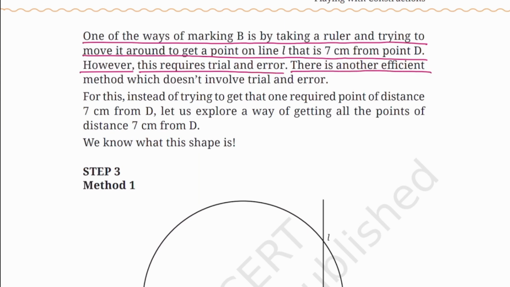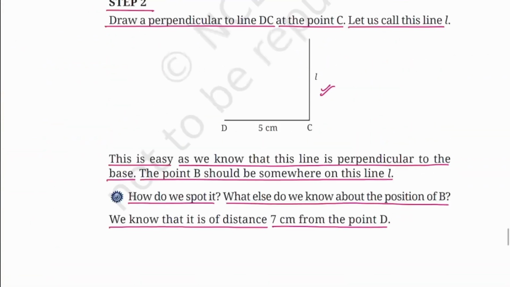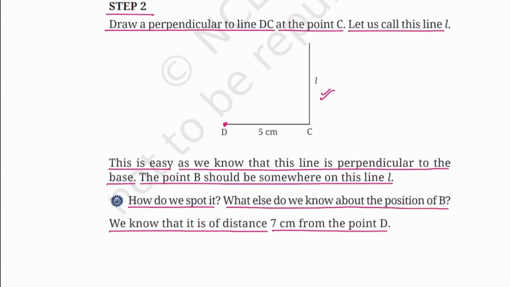There is another efficient method which doesn't involve trial and error. Taking center as D, you can draw an arc of length 7 cm to get the point B.